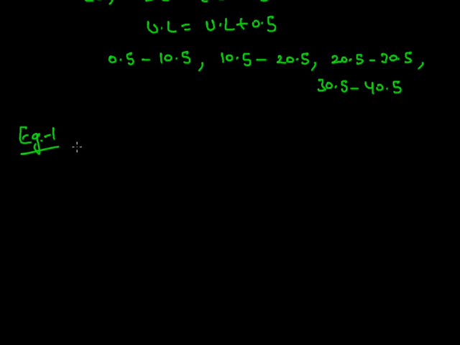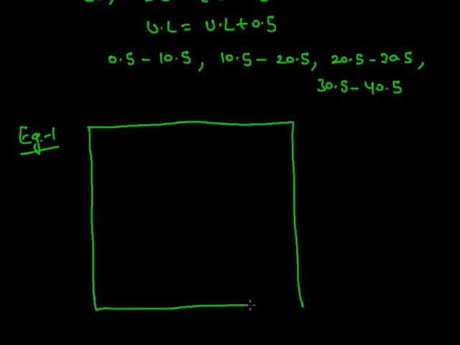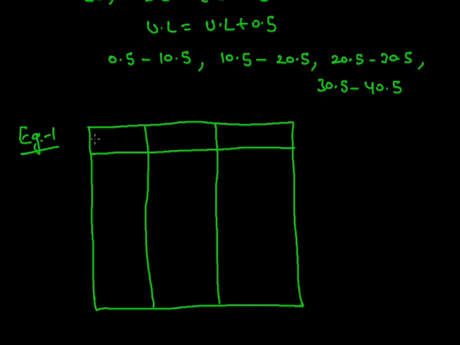First we will write down the class intervals and the frequency that are given. Suppose we take age group and number of females.